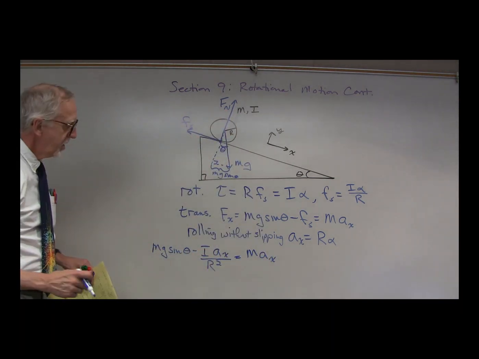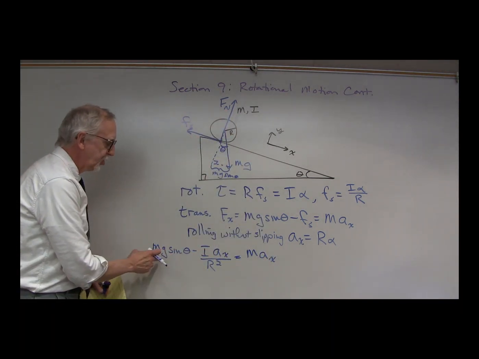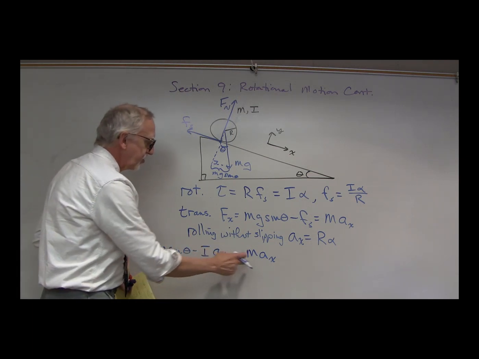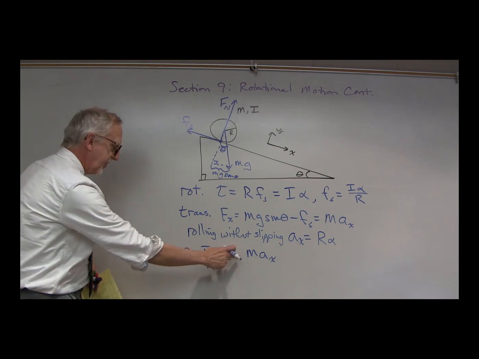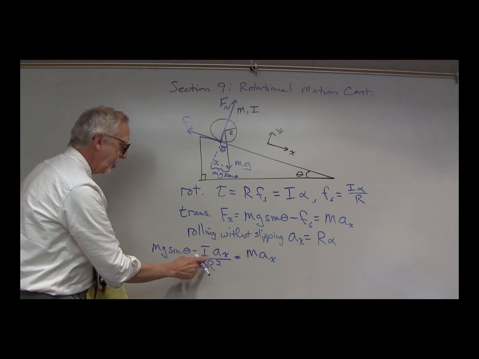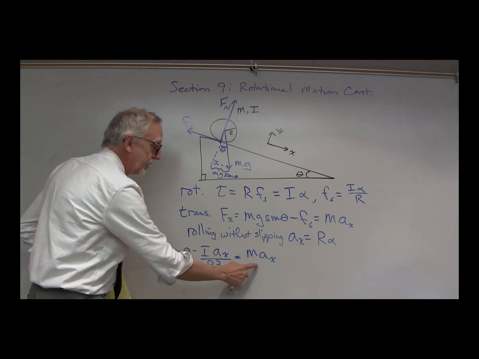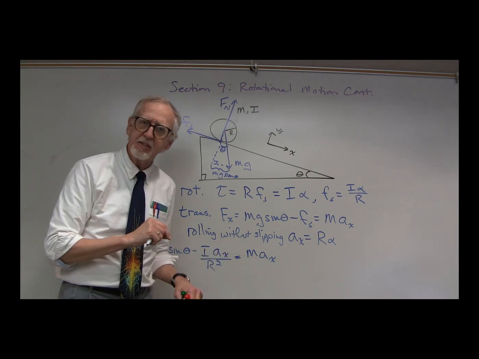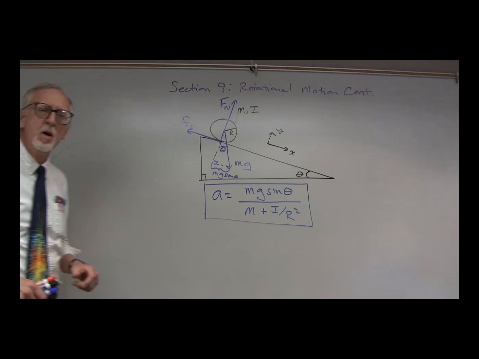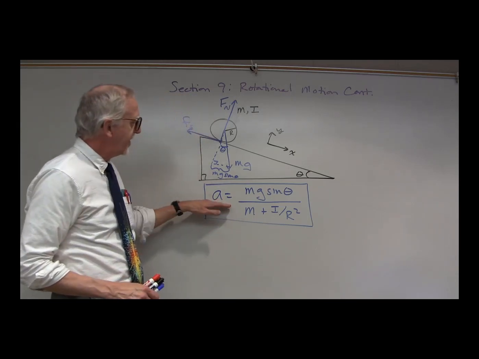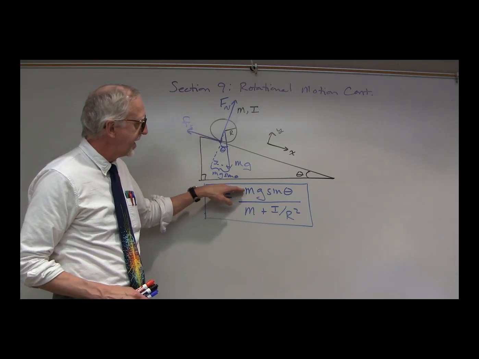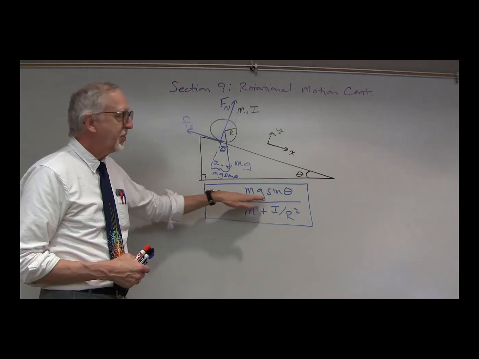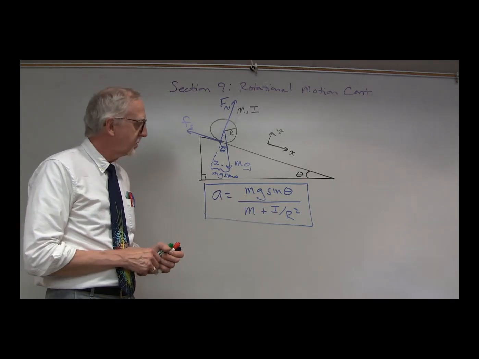There we go. So now we've only got one unknown, assuming we know the mass and the radius and the moment of inertia. Bring this over here, factor out a sub x, divide by the m plus I over r squared. Let me just erase some of this and I'll put the answer down. Once we solve for a, we get that a is equal to mg sine theta divided by m plus I over r squared. And if we think about this, this kind of makes sense.